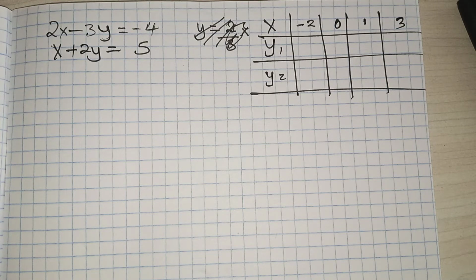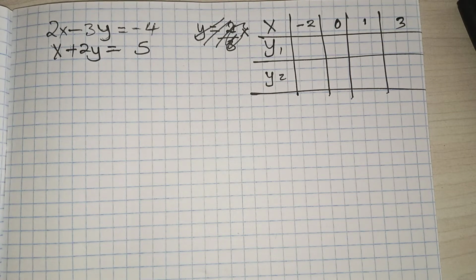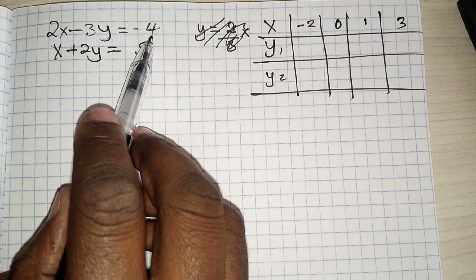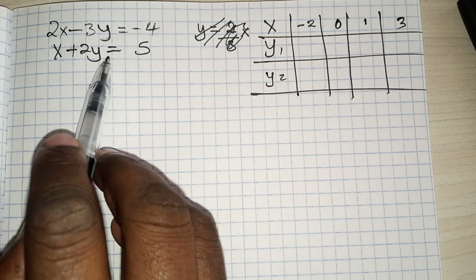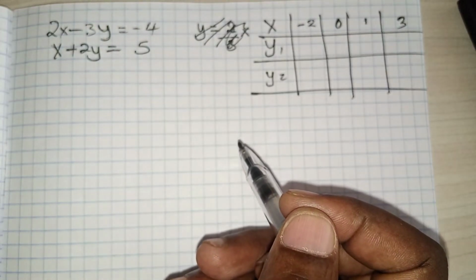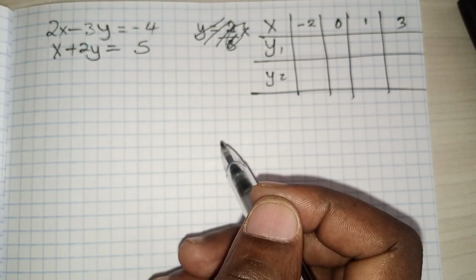Construct the graph, draw the two straight lines on the same graph, and identify the point of intersection and clearly get the values of x and y as the solutions to the simultaneous equations 2x minus 3y is equal to minus 4, and x plus 2y is equal to 5. And again, verify your answer by use of the elimination method or substitution method.